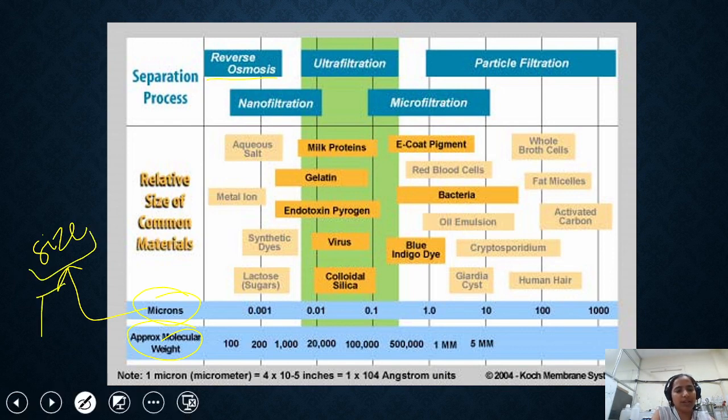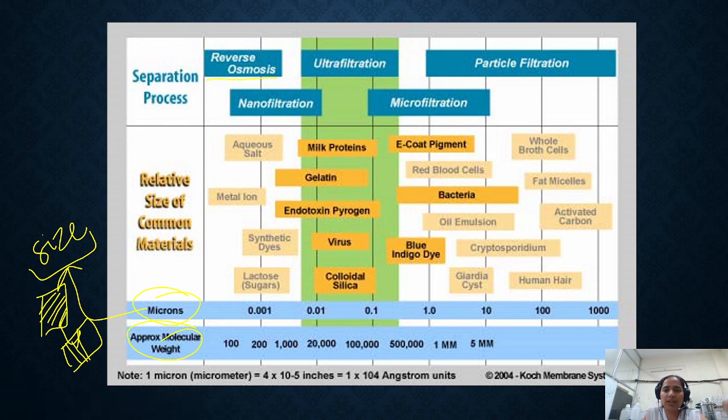As the size decreases, you need a filter membrane that can separate very minute particles. On the basis of this, there are different types of separation processes. If you want to separate larger molecules, you can use direct filtration, or particle filtration. Then you go to microfiltration when the size of the molecule goes down into the micro range. Then ultrafiltration for very small particles.